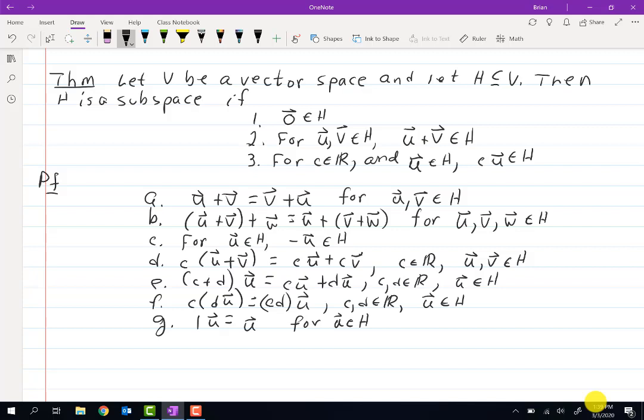Also, V is a vector space, so we're going to use its vector space capabilities while we're proving this thing.